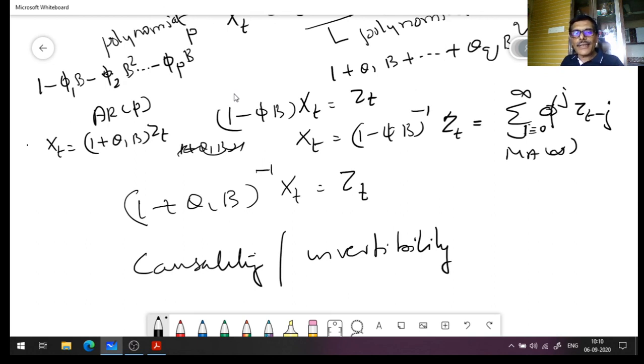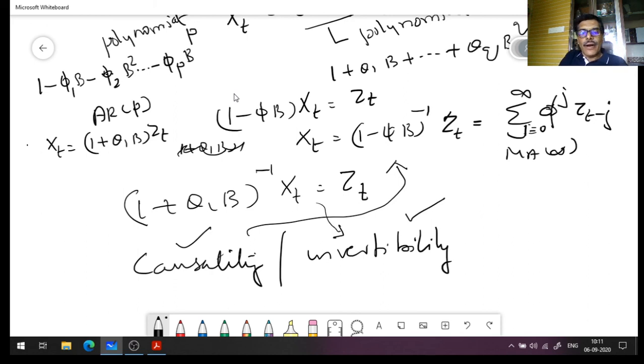Similarly, you can write a condition on theta 1, because this inversion gives me an infinite series. So is it possible to write Zt in terms of past values of Xt? If that is possible, we call it invertible. If this is possible, we call this process causal. So causality is associated with this, invertibility is associated with this.